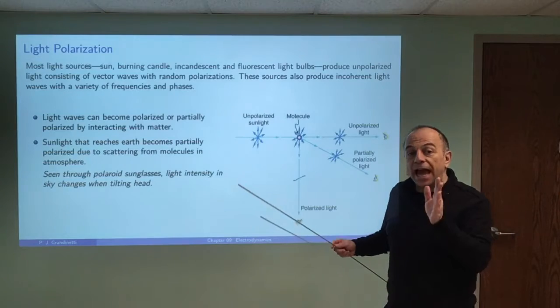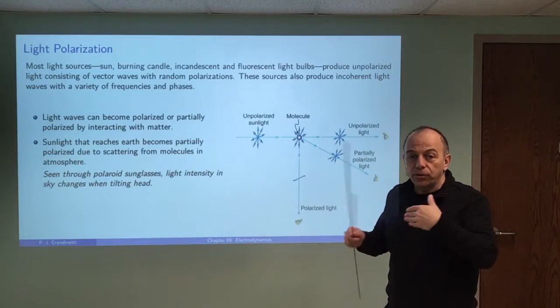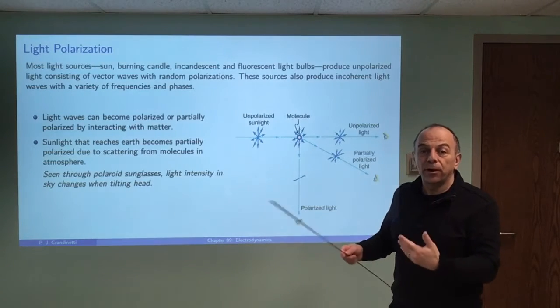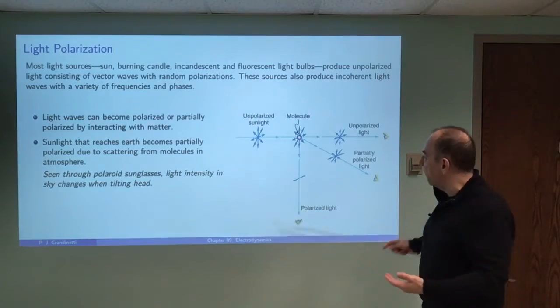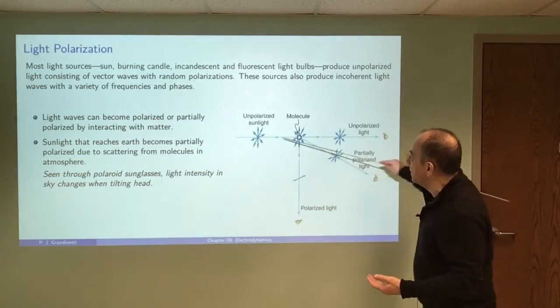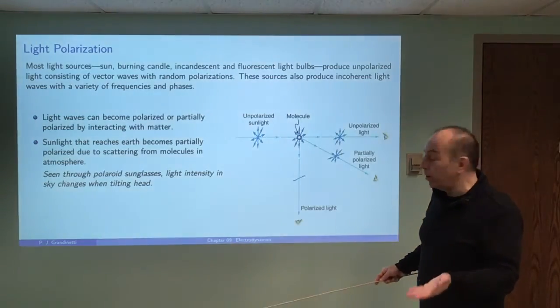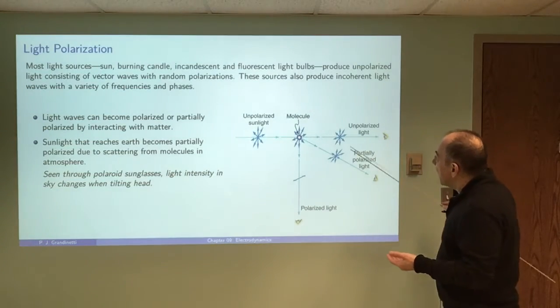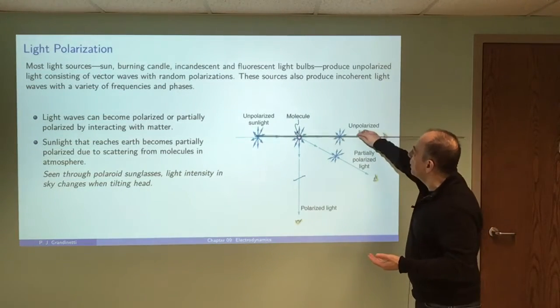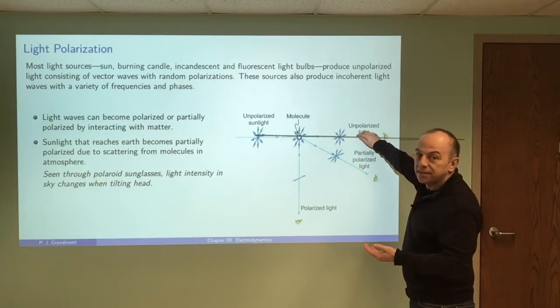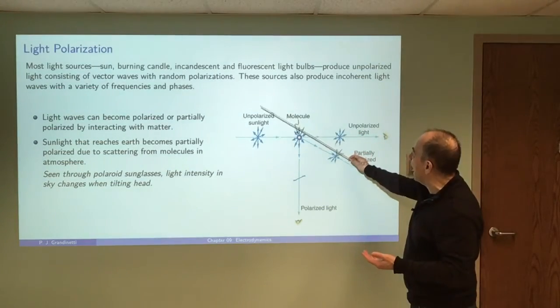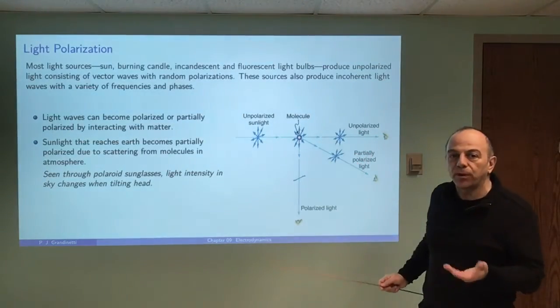Depending on the angle of the scattering, there can be partial polarization of the scattered light, or if it's perpendicular to the incident, then it can be plane polarized light. But if you looked at it directly on, you would just see the unpolarized light coming from the sun, but at some angle you see some kind of partial polarization.